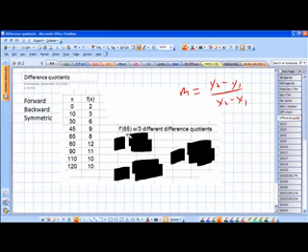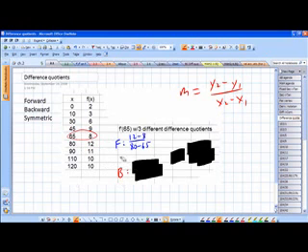So if you want to find approximations of f prime of 65 using these different difference quotients, here's 65, and we assume this is a differentiable function. We don't know what's going on between all these points. We know it's differentiable. So the forward difference quotient would be going forward in x, so we would use these two values. On top it's 12 minus 8, on the bottom 80 minus 65.